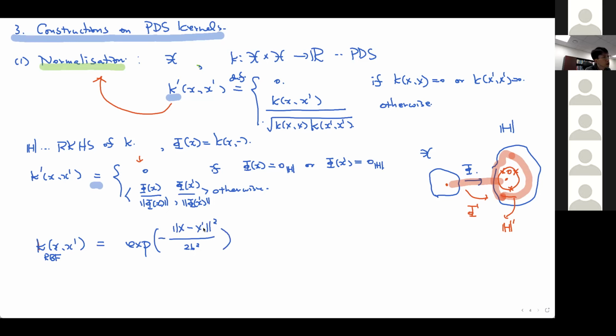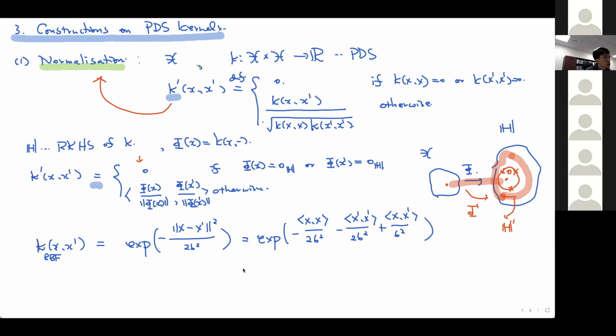If you unpack the square term, it can be written as the exponentiation of minus 1 over 2 sigma square times x dot x, minus 1 over 2 sigma square times x prime dot x prime, plus 1 over sigma square times x dot x prime. Just simple expansion.